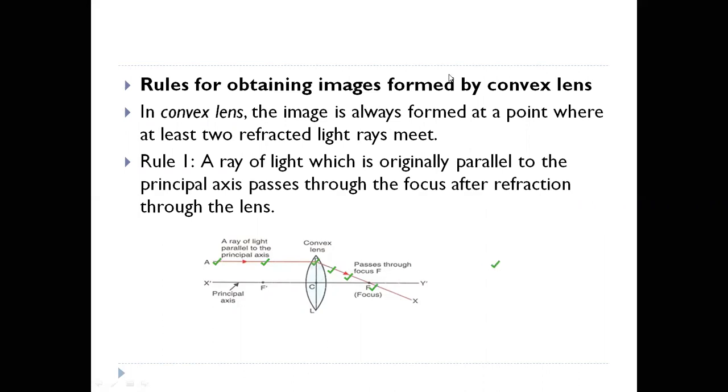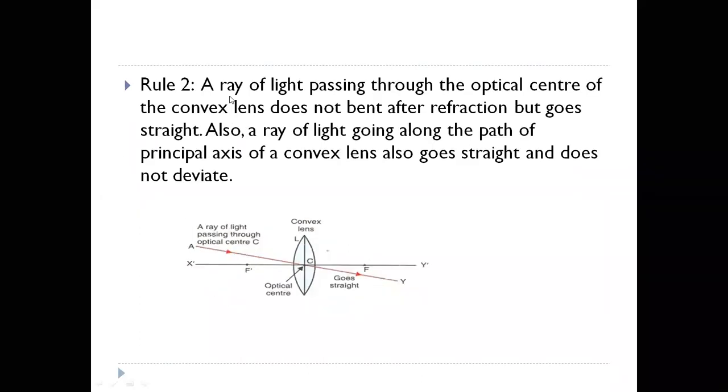Now the second rule is, a ray of light passing through the optical center of the convex lens does not bend after refraction but goes straight. Also, a ray of light going along the path of the principal axis of the convex lens also goes straight and does not deviate.